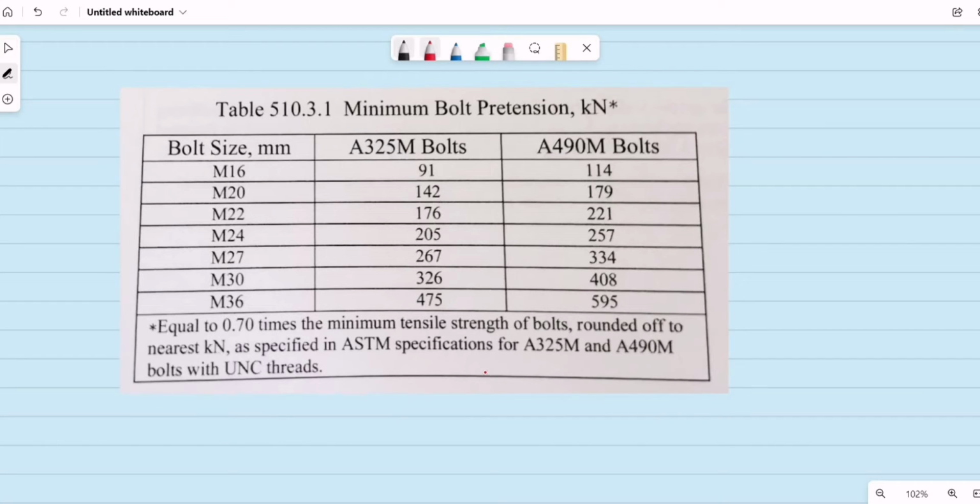The nearest value is 24 millimeters. 1 mm is negligible from 25 mm when it comes to the strength. And we are using A325 bolts. So therefore, we are using the value of 205 kilonewtons.